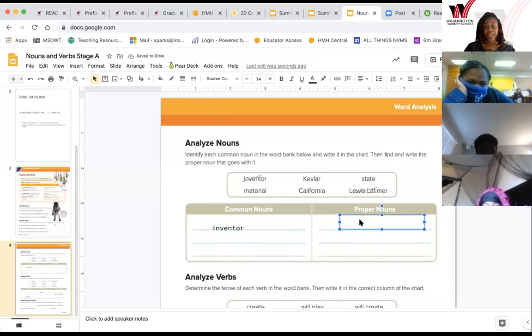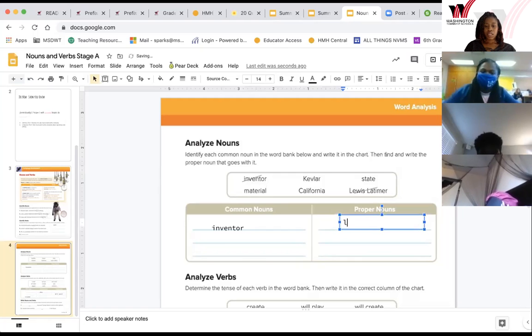Yeah, that's somebody's first and last name. So even though you didn't read the story, you know that it's a person's name. An inventor is a person. So that's how you can put those two together. Knowing that an inventor is a person can help you problem solve, even though you didn't read the story. So I'm going to write Lewis Latimer here.